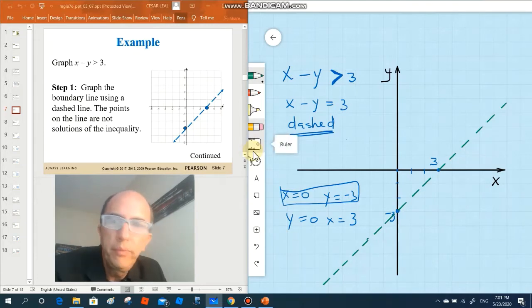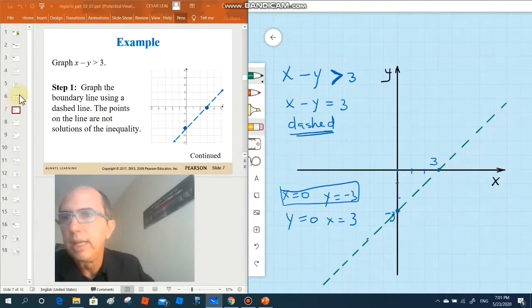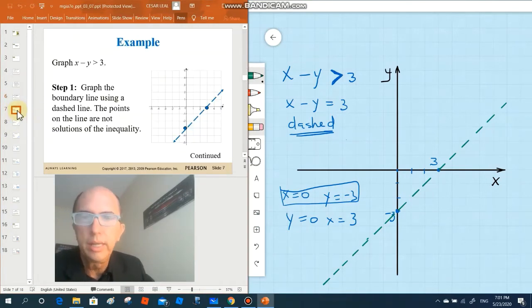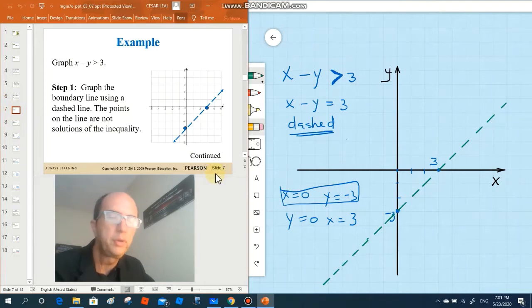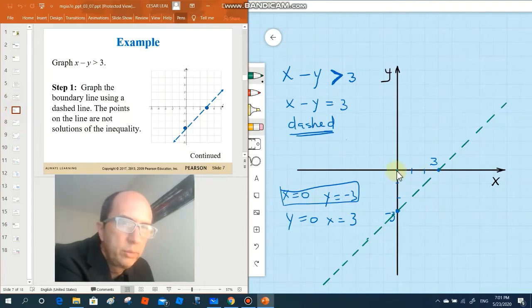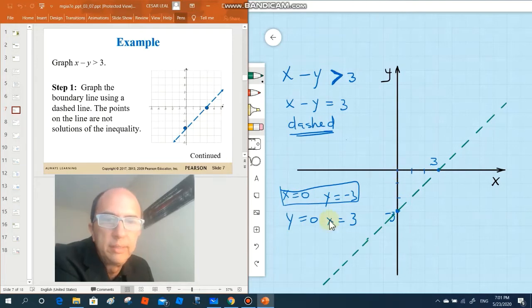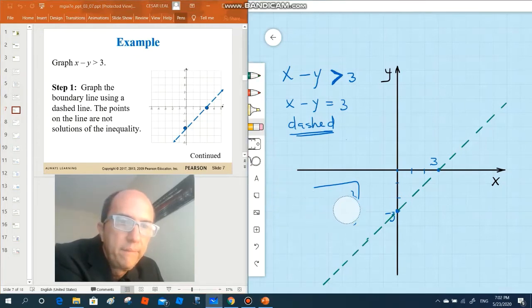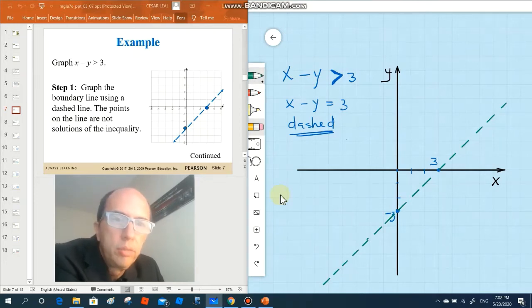And now the next step. Check the steps again. Choose a test point, not on the boundary. Can we use 0 and 0? x equals 0, y equals 0? Yes. Let's use 0, 0. Let me erase this here.